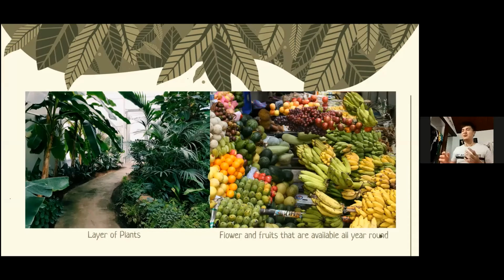If you have a constant supply of food, they will be happier, and they will be able to reproduce more. Their population will eventually grow, so it will be good for biodiversity if you have a lot of fruits.